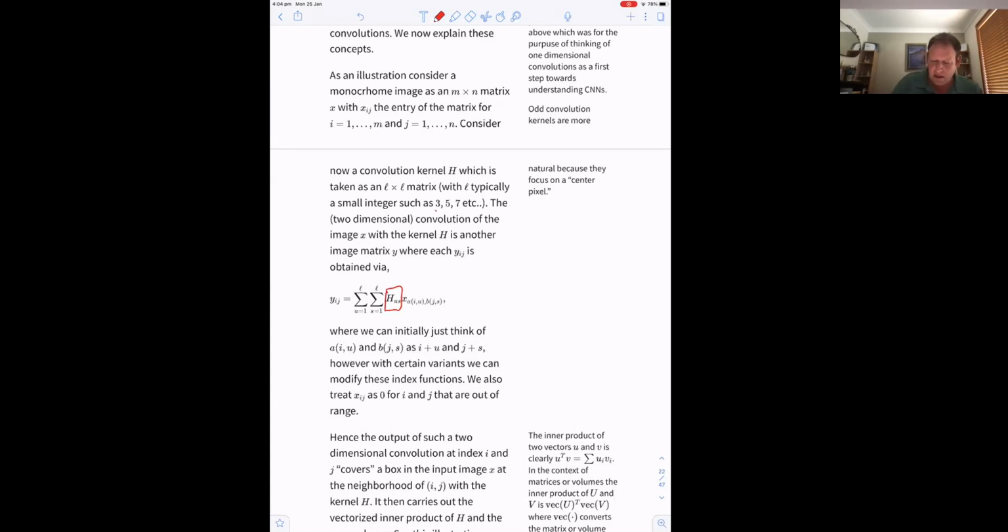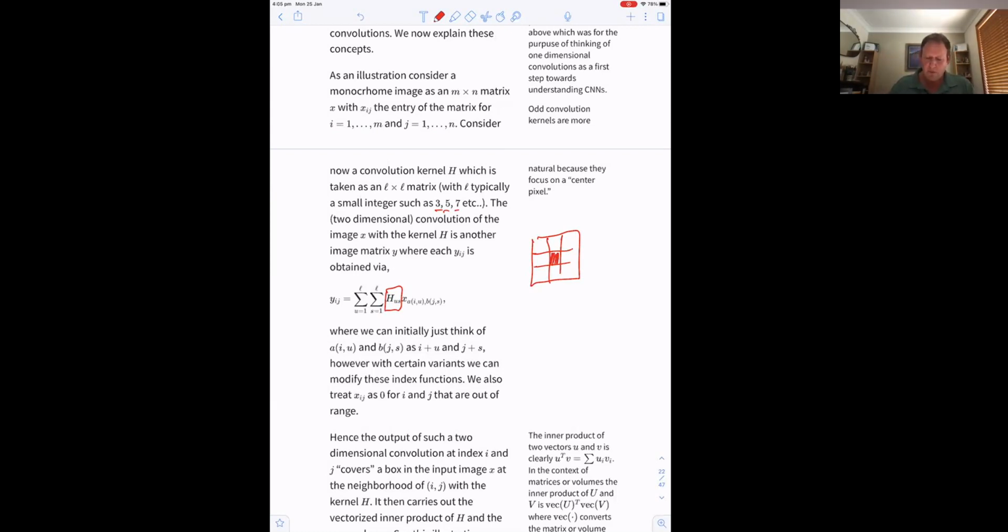H might be 3 by 3, or 5 by 5, or 7 by 7, maybe 17 by 17. It's typically going to be odd because when you have a 3 by 3 filter, say, that filter focuses on some center pixel. So odd numbers have a center pixel.